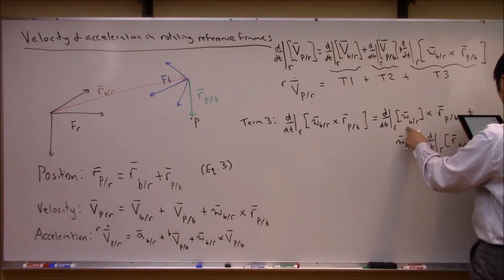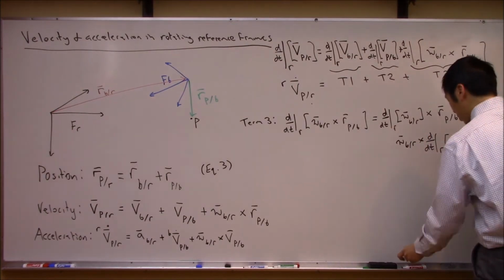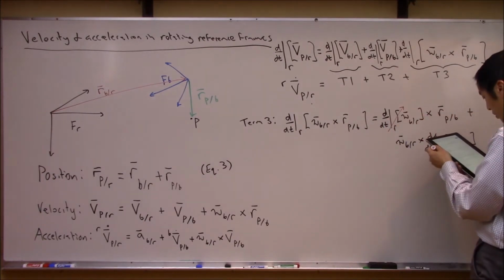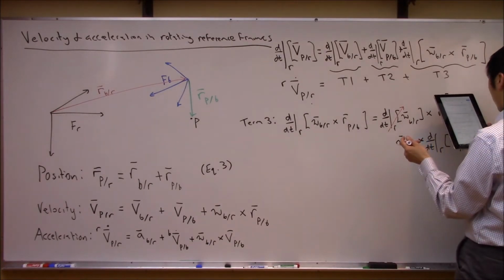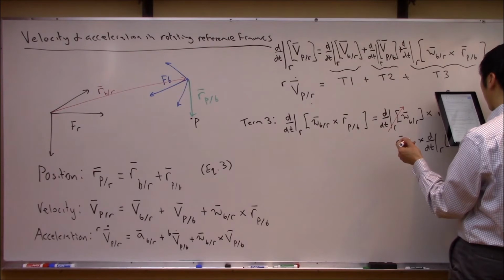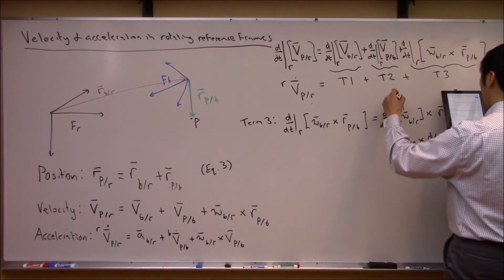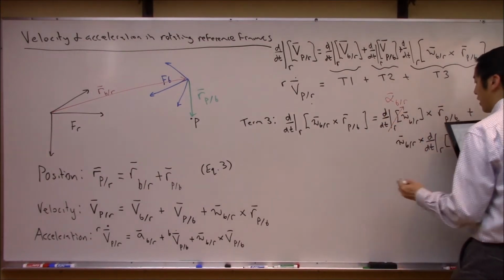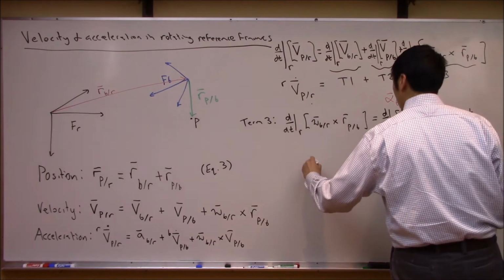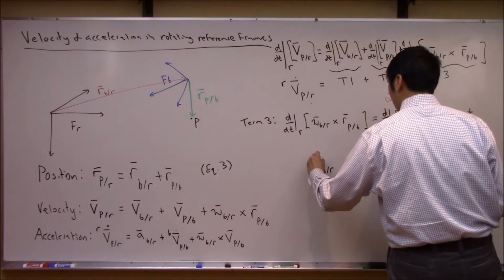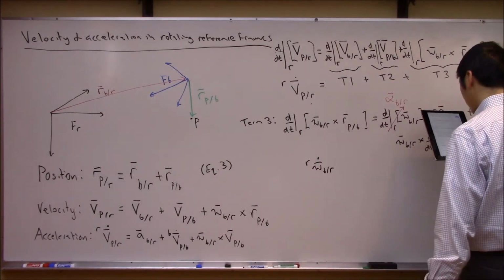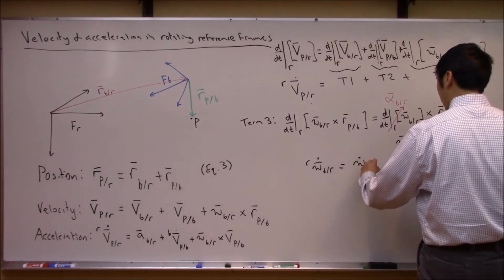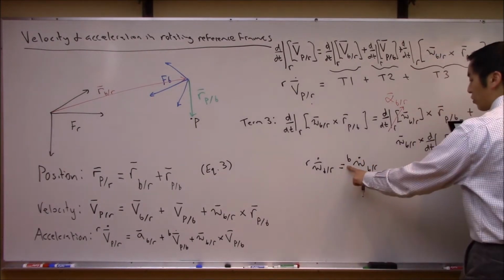So let me do this entire thing in another color because this is going to get messy. Let's call this alpha b with respect to r. This is the angular acceleration, and the reason we got this is that this is omega b with respect to r dot from the r perspective, and from the properties of the angular velocity vector it's the same as taking the derivative with respect to the body frame.